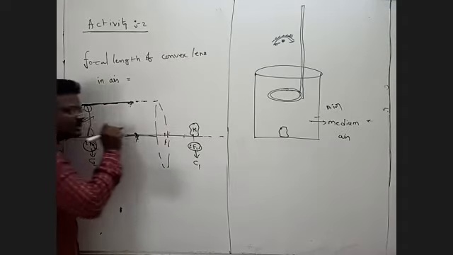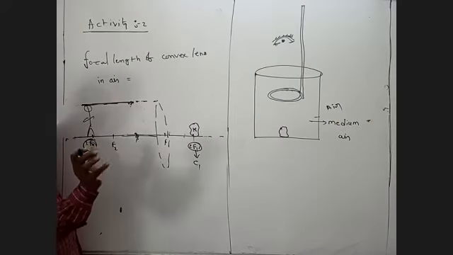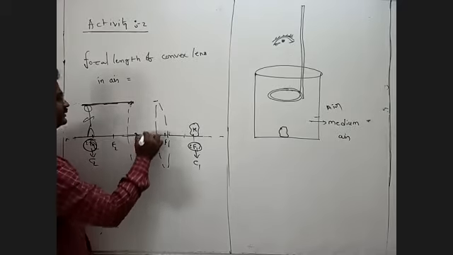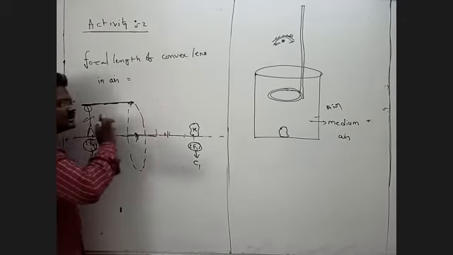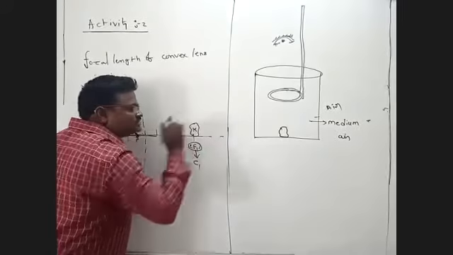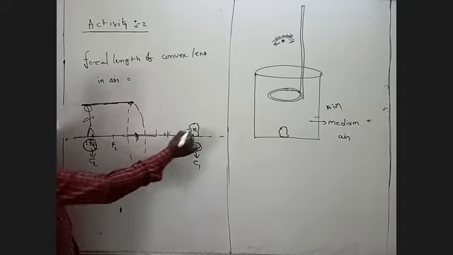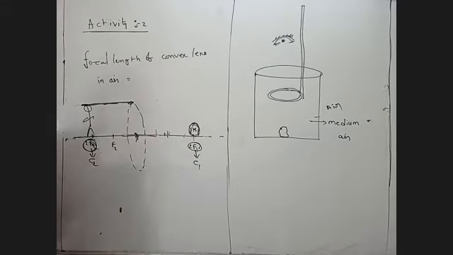I'm seeing the letter K on the stone somewhat clearly. Now I shift it backward. Now I'm seeing the letter K on the stone very clearly. The size of the object is equal to the size of the image.